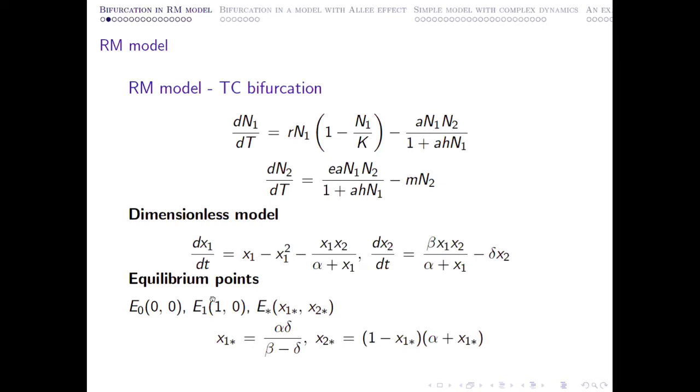This equilibrium point (1, 0) exists for all parameter values, and this equilibrium point exists whenever the parameter satisfies the conditions that beta greater than delta and x1* is less than 1, because all the parameters are positive. So if these two conditions are satisfied, that is beta greater than delta and x1* less than 1, then we can say x1* and x2* are positive, and hence they are components of a feasible coexistence equilibrium point.